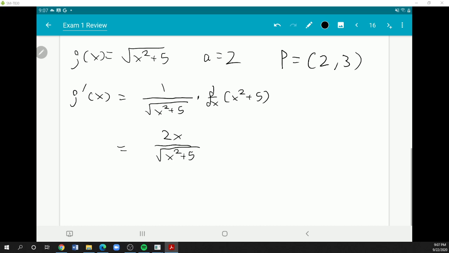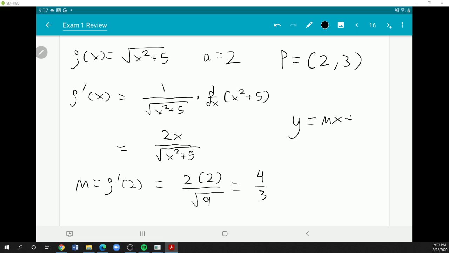Now I want to plug in 2. So m equals j prime of 2 equals 2 times 2 over square root of 9, which equals 4/3.